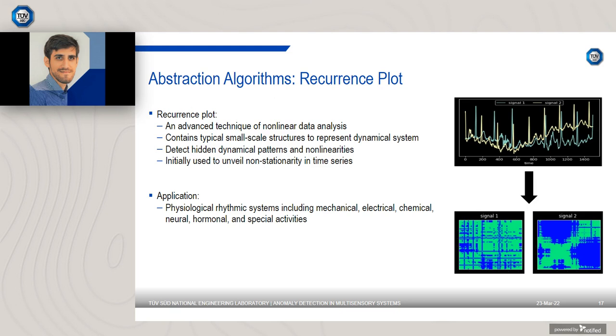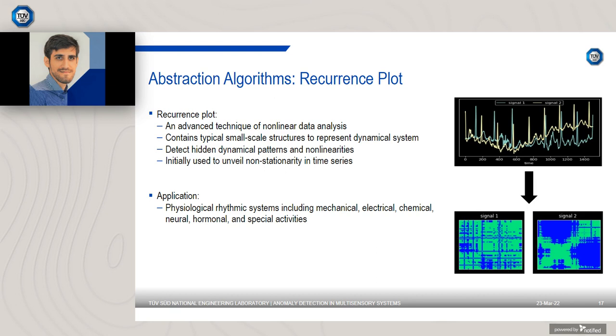Signal one is shown in green, and the second signal is shown in yellow. We see the difference between these two signals, and the yellow signal has a linear trend. You can see right in the middle a linear trend in the second signal, and this is very clear when we look at the recurrence plots.